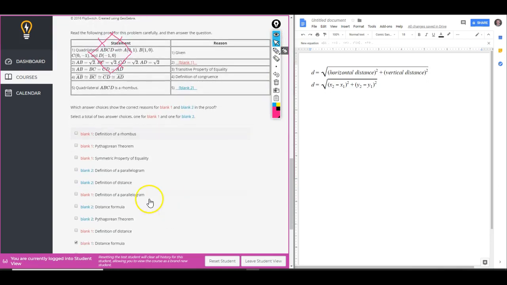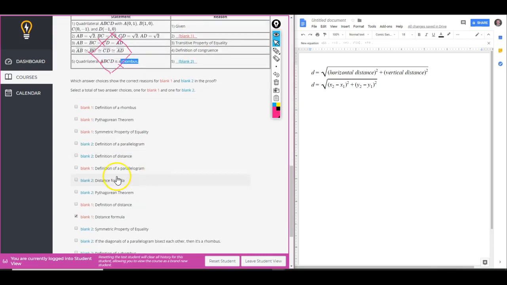So for blank 2, I would look for something that says it's not a parallelogram because we're wanting it to be a rhombus. So it's not the definition of distance. We already used that for blank 1. Blank 2 is not a distance formula. Blank 2 is not Pythagorean theorem.